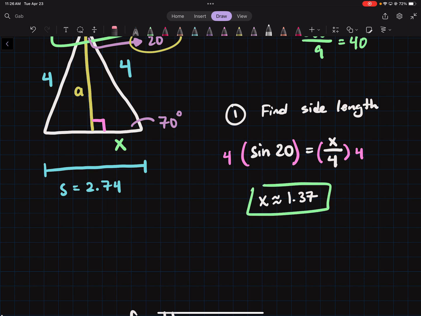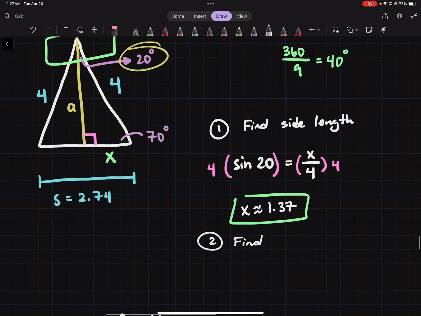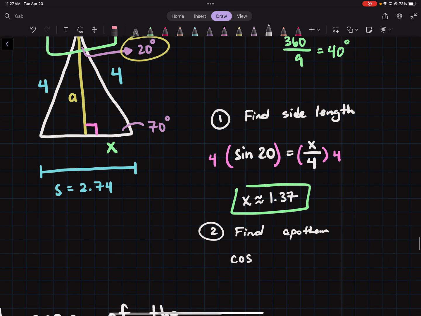Okay, second thing you need to find. What's the second thing you need to find? You found X, you need to find A, which is apothem. Which trig function are you going to use for that one? You could, but which was easier? Cosine. So you're going to do cosine 20 is equal to apothem over 4.